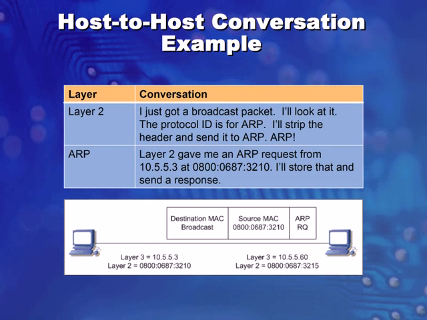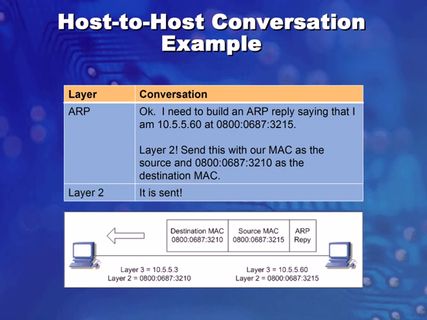So the right-hand side is going to create a packet saying, here's my MAC address, here's my ARP reply. The destination MAC address is the sending device. The source MAC address is my MAC address. We're sending this as a unicast message at layer 2 back to the other device so it can create an entry in its ARP cache.